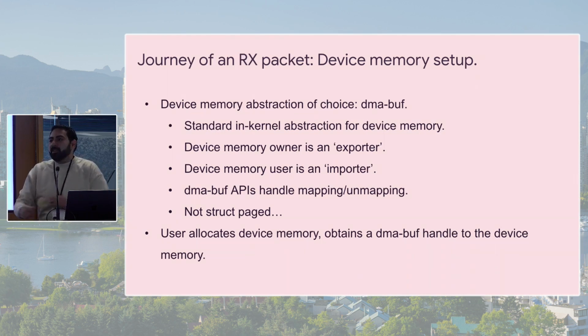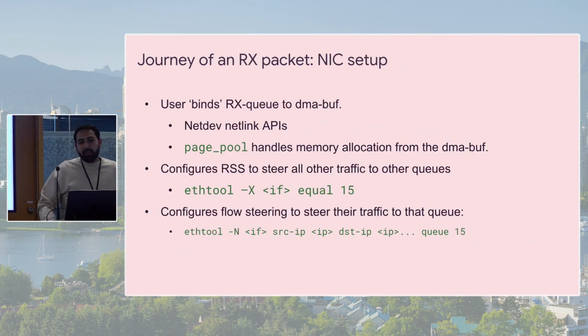So the very first step to use device memory is that the user application will allocate device memory or GPU memory and then obtain a DMA buf handle to this device memory, and all of that is using standard APIs that already exist. The next step would be the NIC setup.